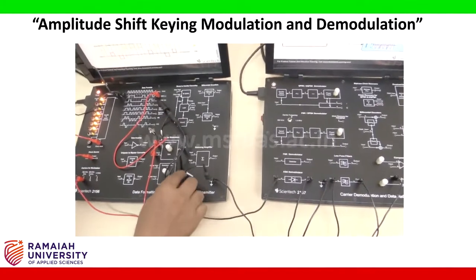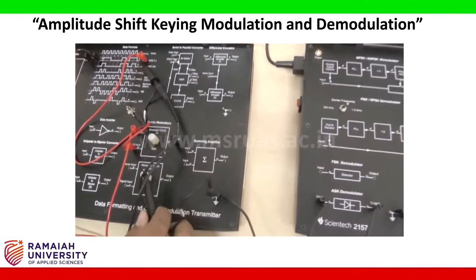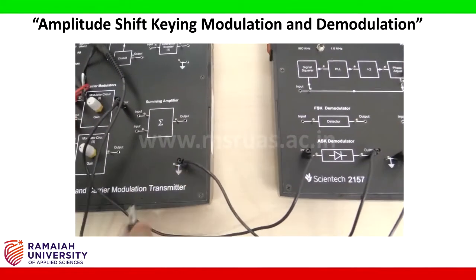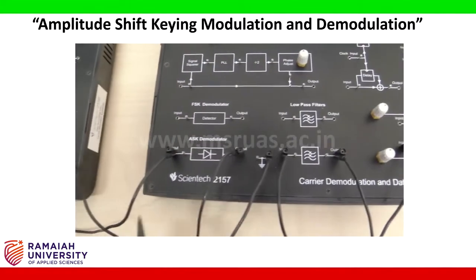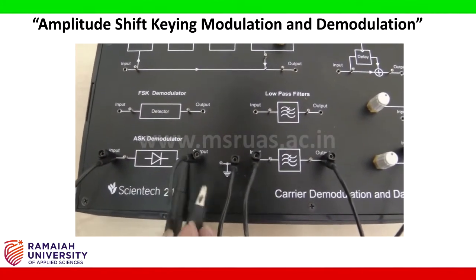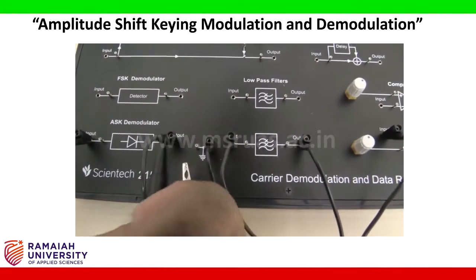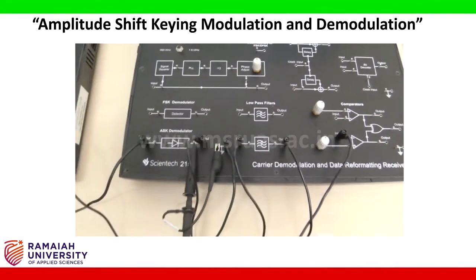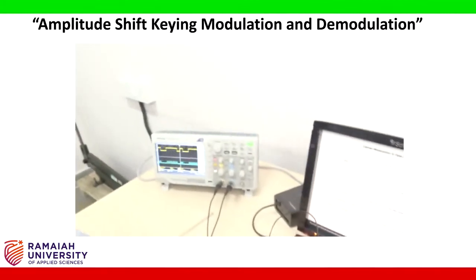Now I am removing the probe from here and connecting to the amplitude shift keying demodulator output, and the negative to the ground. Then again press the run and stop button.